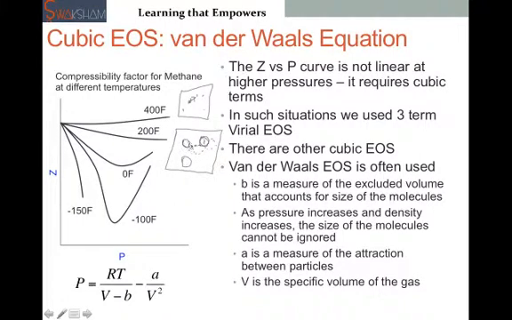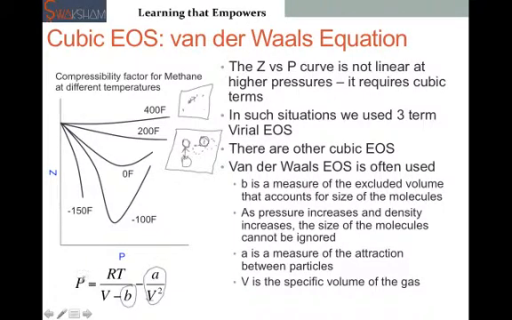The second assumption the van der Waals equation makes is that there is a finite interaction between particles. So this B term here represents the deviation or the reduction in volume owing to the fact that other particles are also occupying space, and this A over V squared term represents interactions between the particles.